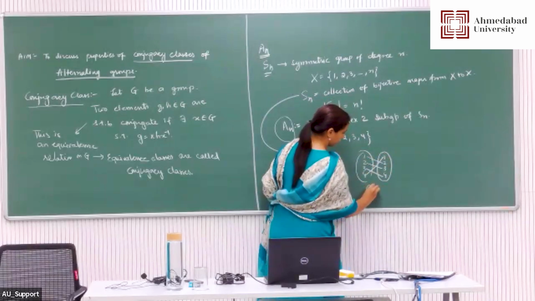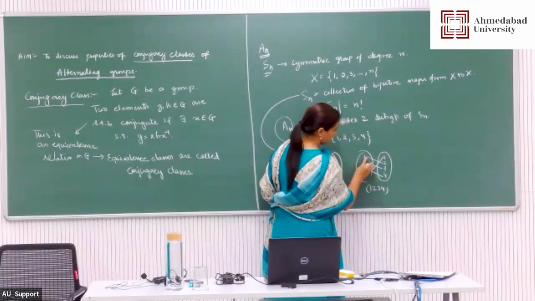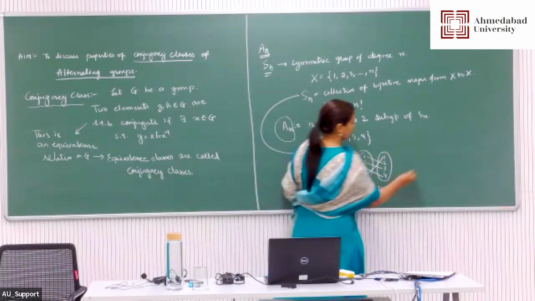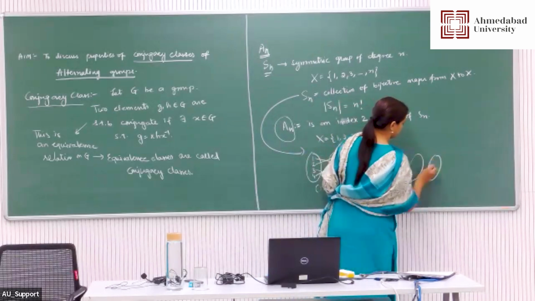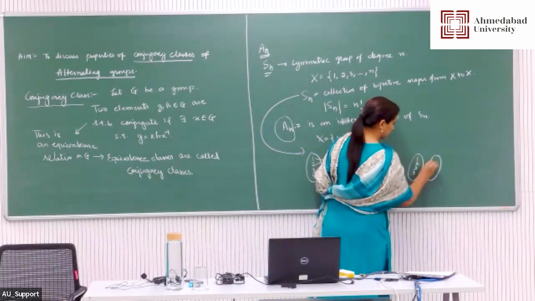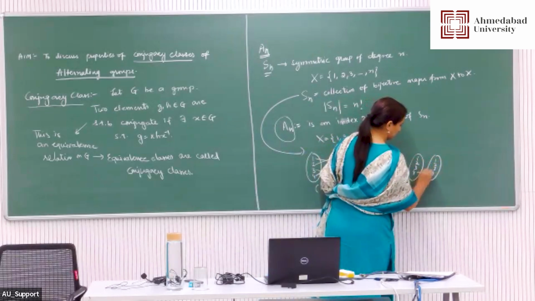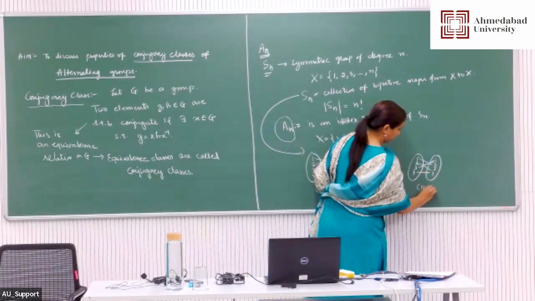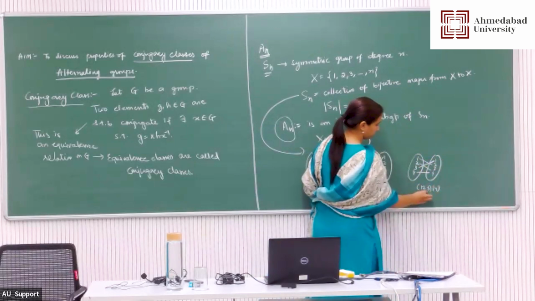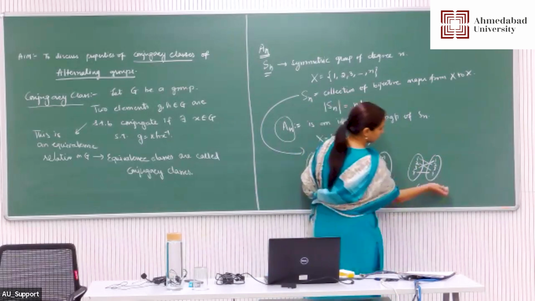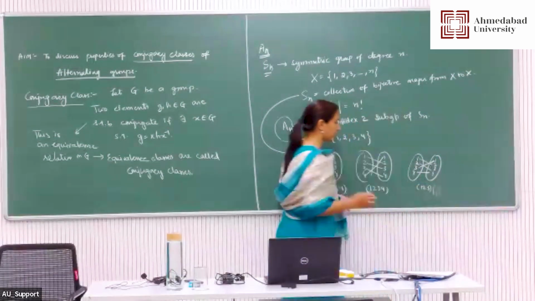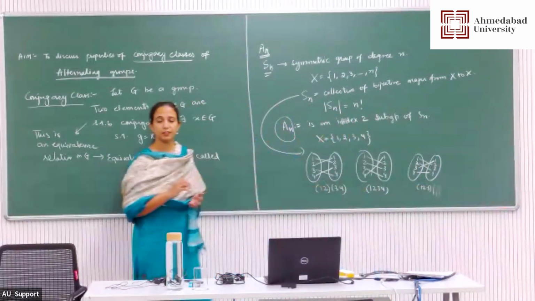Here, this will be written this way. So 1 is going to 2, 2 is going to 3, 3 is going to 4, 4 is going to 1. One more example I'm going to take. So this is basically 1, 2, 3, 4. 1 is going to 2, 2 is going to 3, 3 is going to 1. So usually we don't write the 4. Whatever element is missing, that means that element is fixed.